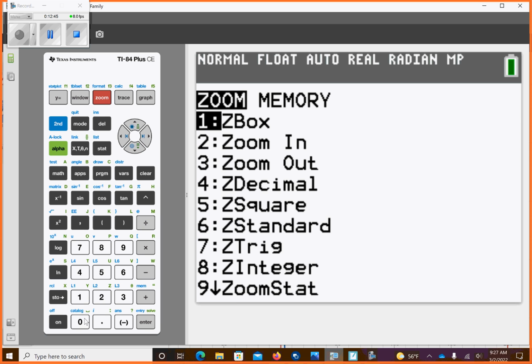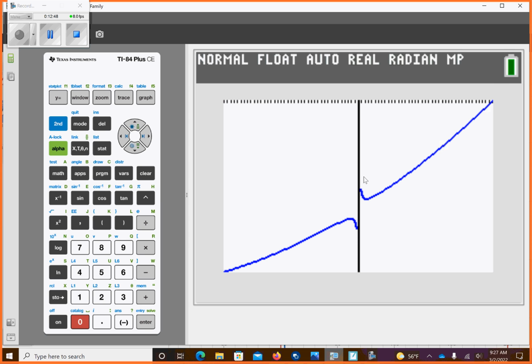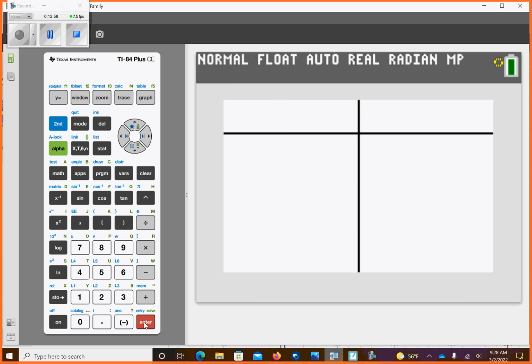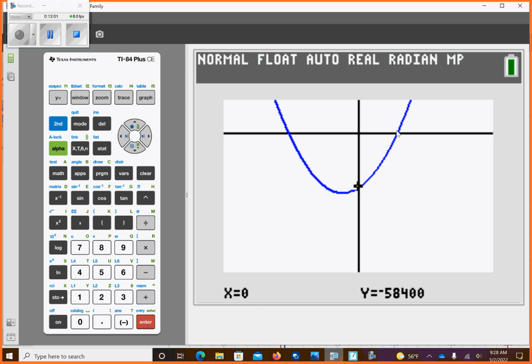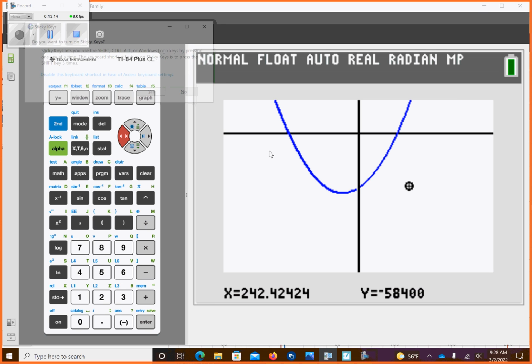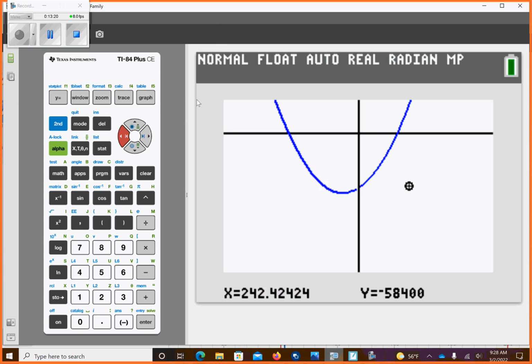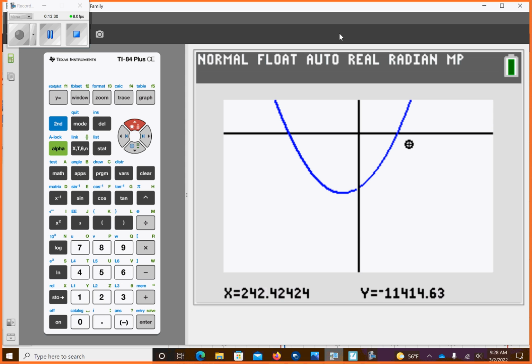Zoom 0. Zoom out. Yeah, I just didn't realize that. I was trying just to.